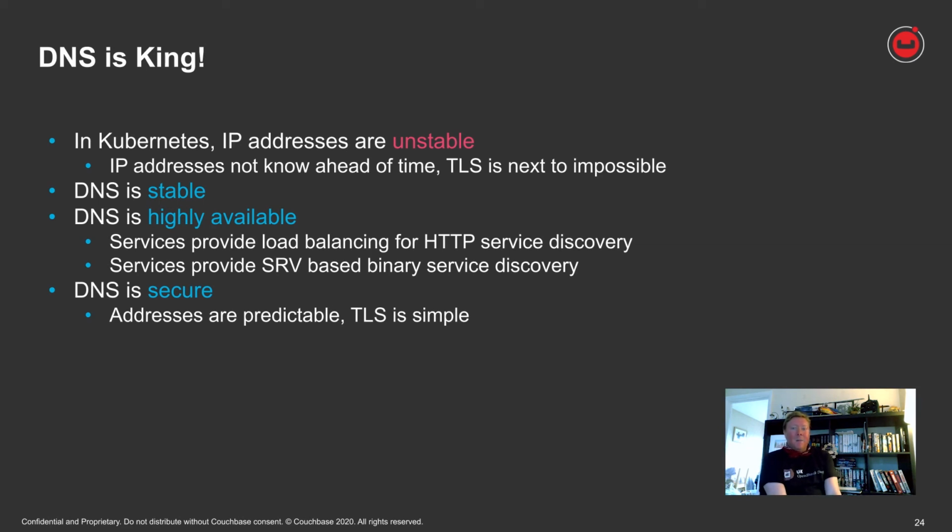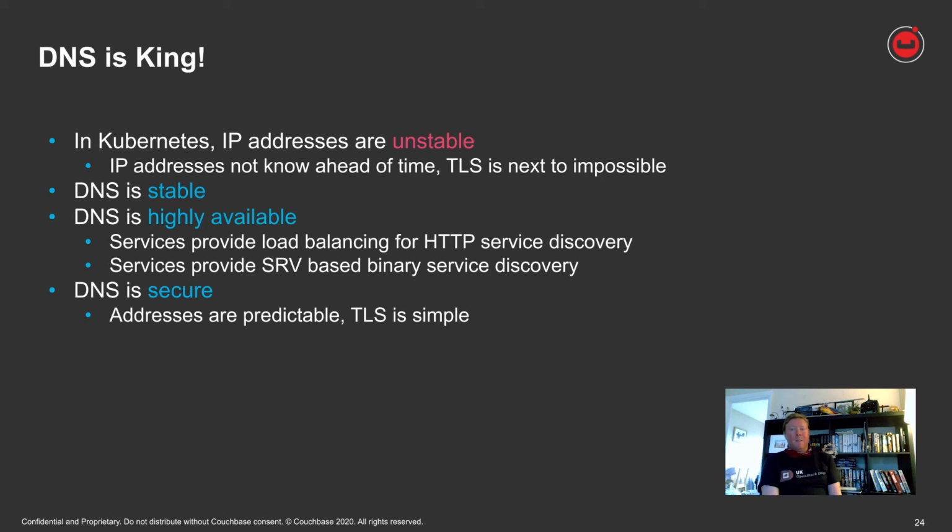DNS is highly available, so when you create a service, it creates DNS entries for the various Couchbase services. There are many ways it can be used. One of them allows you to have a round robin A record for each and every pod.